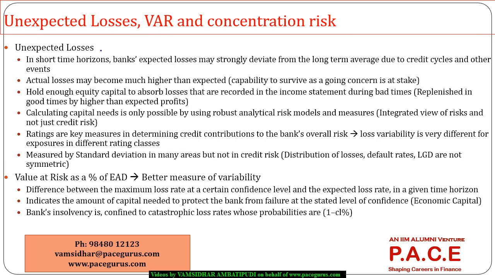Whereas when it comes to unexpected losses, see, in many cases, when we talk about short time horizons, smaller time periods, the expected losses may not match with actuals. There could be a huge deviation between the actual loss that has occurred versus the expected. So, when we are talking about short term losses versus long term average, there could be a big deviation between them.